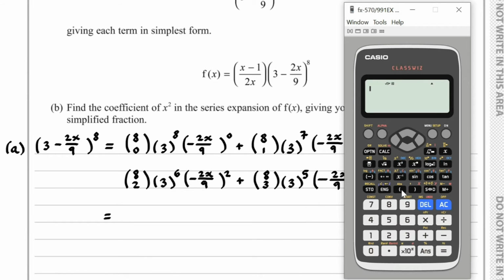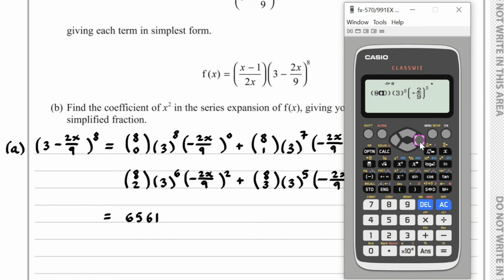We have 8 choose 0 multiplied by 3 to the power of 8 multiplied by negative 2 over 9 to the power of 0. So for our first term, we have 6,561.